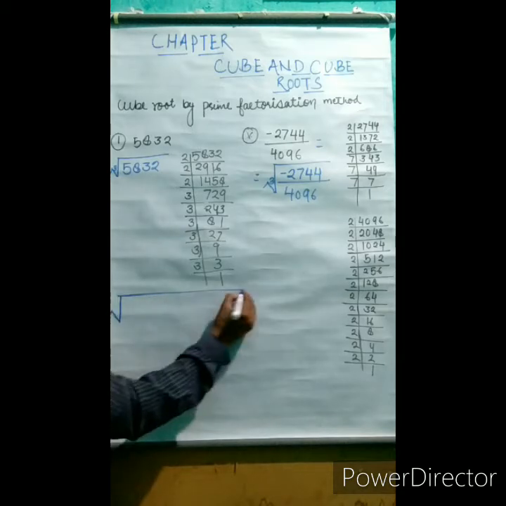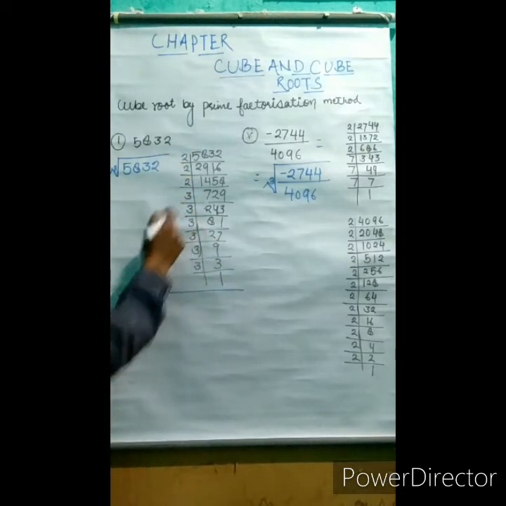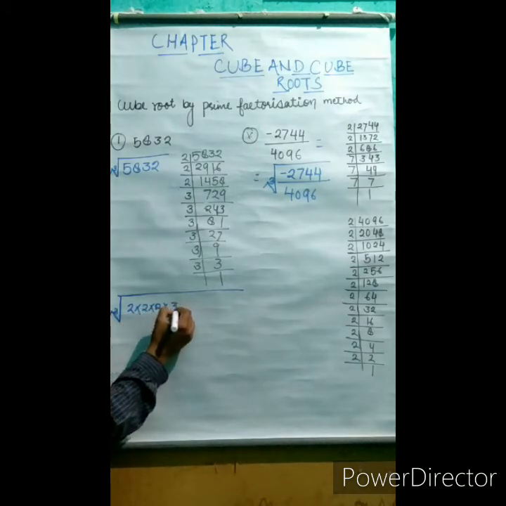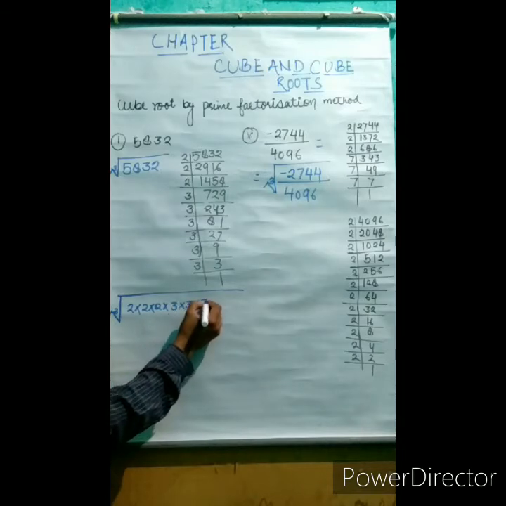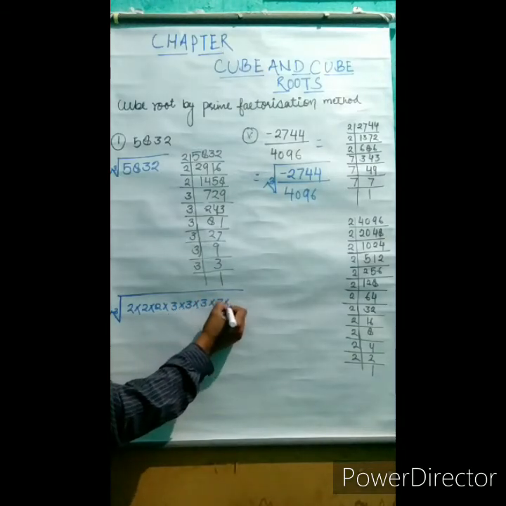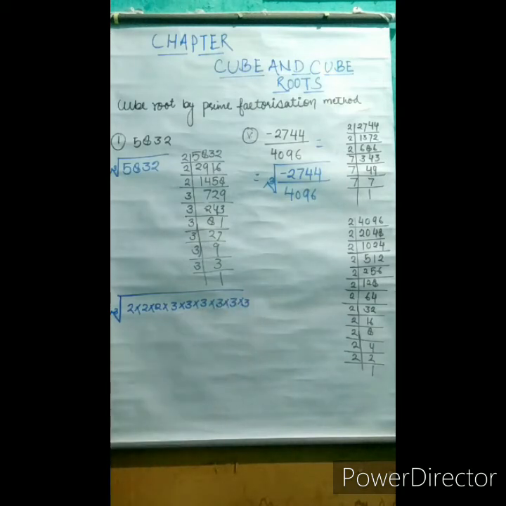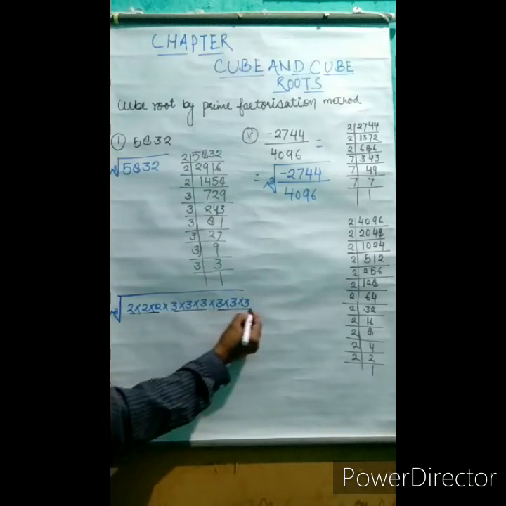Cube root of 2 into 2 into 2, 3 into 3 into 3, 3 into 3 into 3. In cube root, usually in square root we make pairs of 2, but here we will group in 3, like this, this and this.